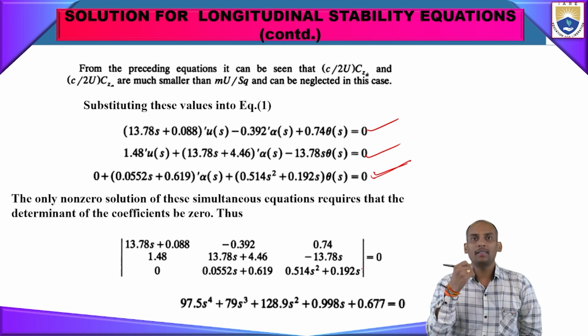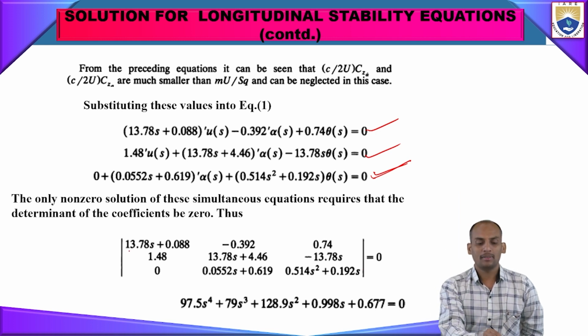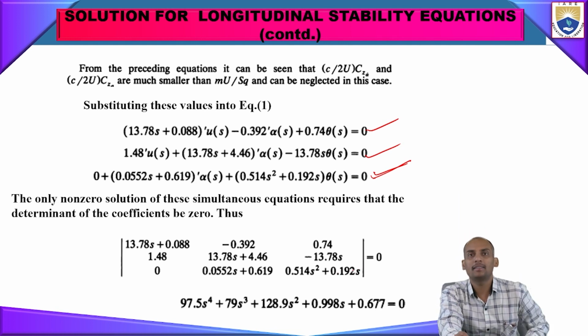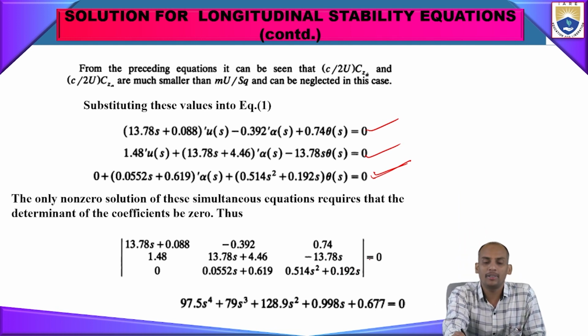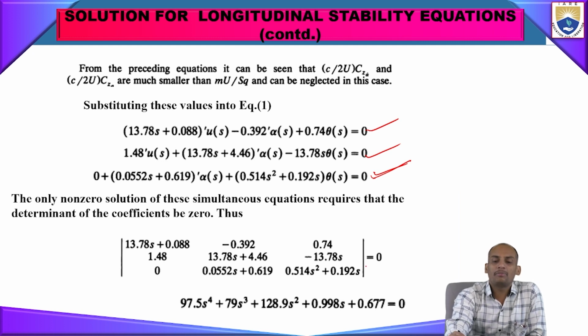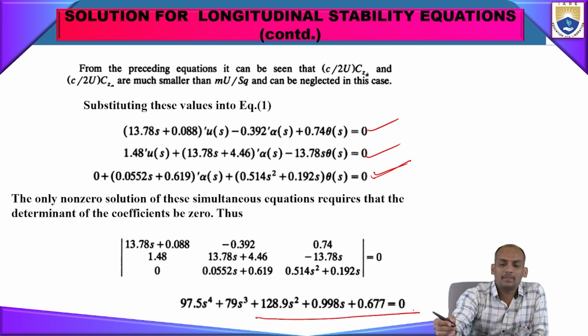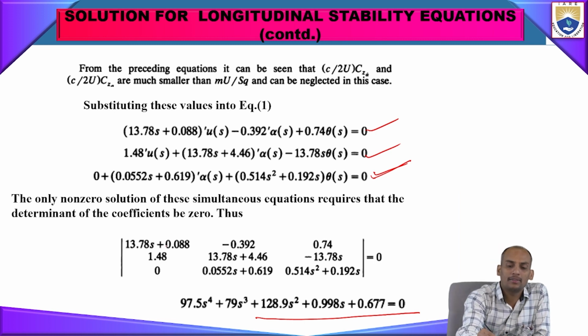So for finding the values for s, make it in matrix form, find the determinant of that matrix and equate it to 0. Then you will get an equation like this. It's simple mathematics only.